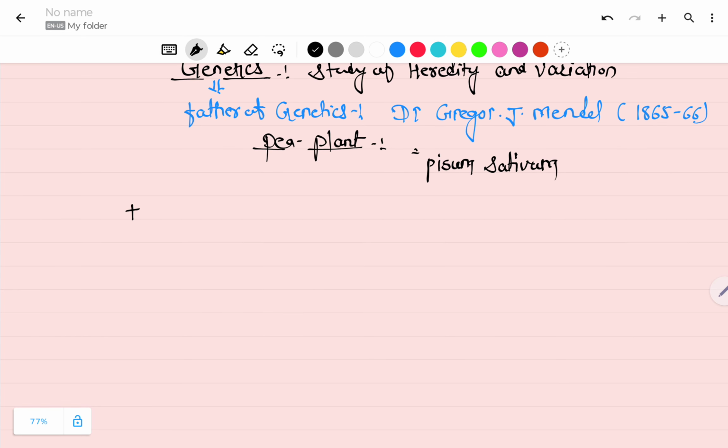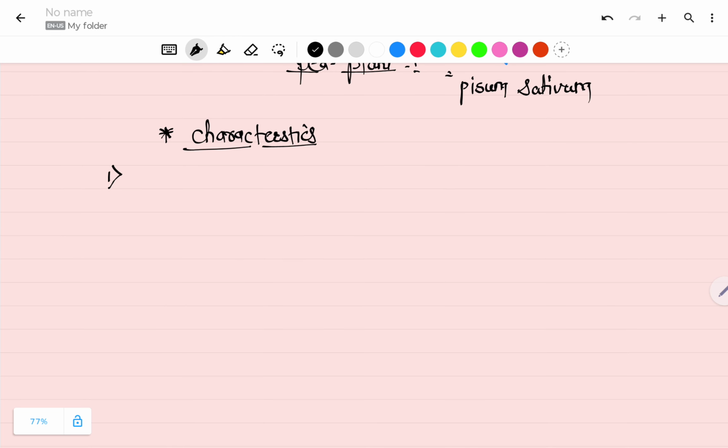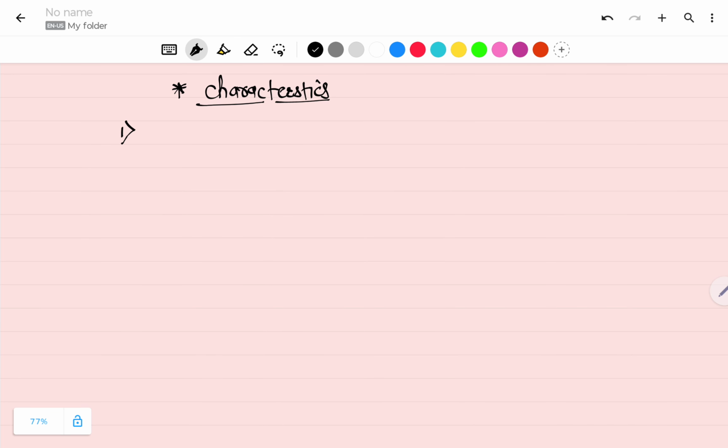The first characteristic is that the plant has a short lifespan. The approximate plant life is 90 to 145 days, or 3 to 5 months.